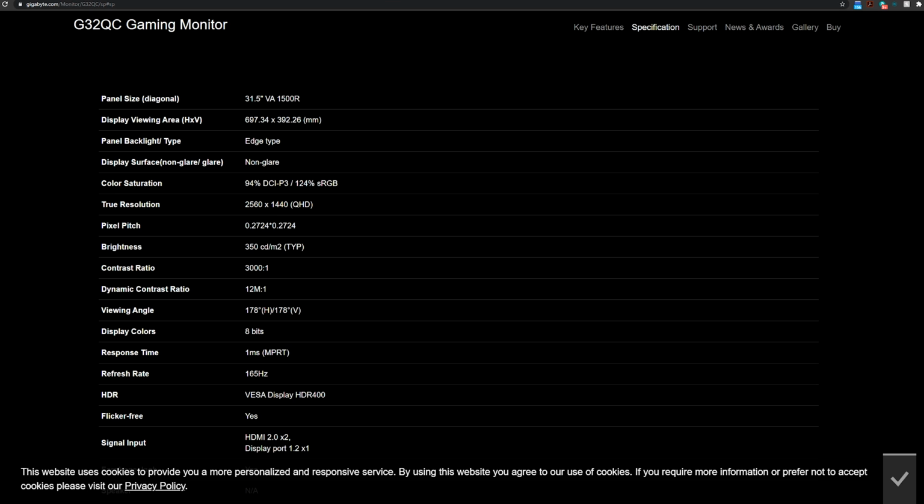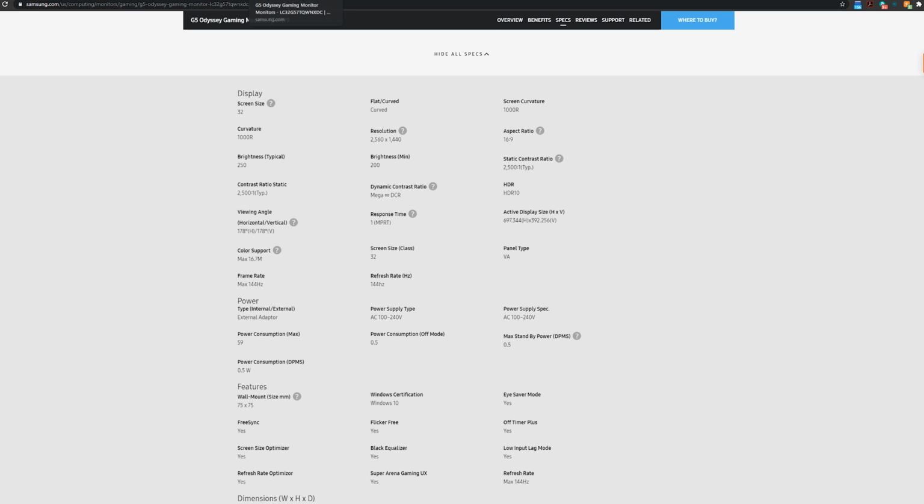So the brightness and the contrast ratio are going to be better on the Gigabyte. Dynamic contrast ratio, 12 million to 1. And this is where Samsung, and I've noticed it with their website, certain things are kind of hidden. For the sRGB scale, I had to actually contact the company to get this.